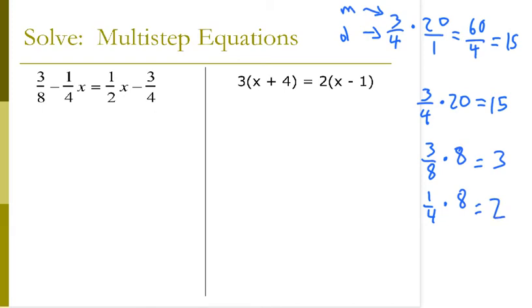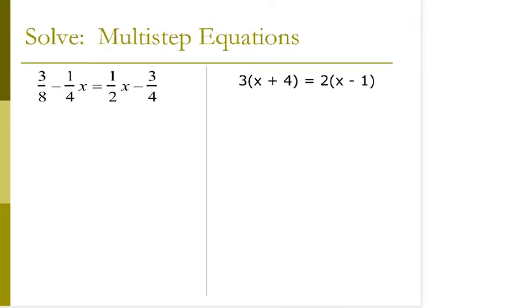So that's going to help us figure out a couple of things here. Firstly, notice that what we have on this side is a whole bunch of fractions, and that's going to make some people scared. But what if we took the least common multiple of the denominators, the least common denominator?